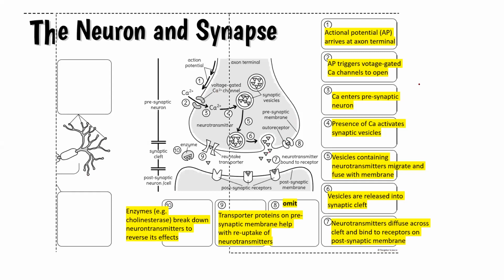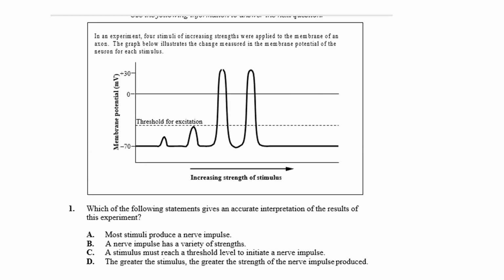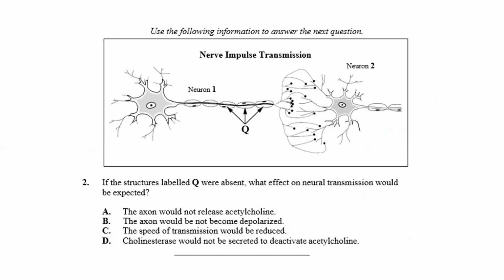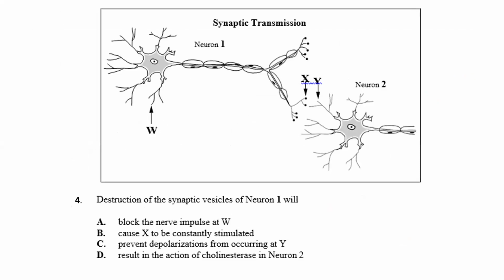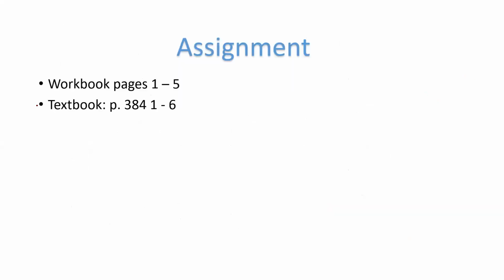So we're going to make the triangle acetylcholine. Okay, a few questions I want you to try. These are good practice problems. And then I want you to do the workbook pages 1 to 5, plus the foldable. That's good. And then textbook questions, page 384.